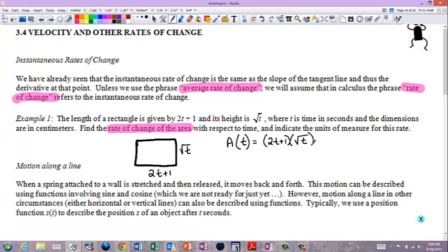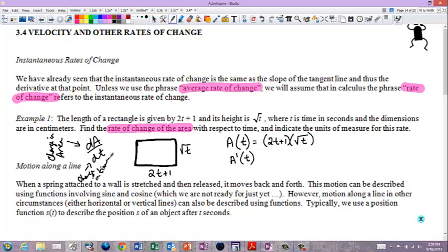Anytime you see rate of change, that just means the derivative, so A prime of t. Or sometimes you'll see that written as dA/dt. And the d's mean, dA means change in area, and dt is change in time. So it's the change in the area with respect to time.